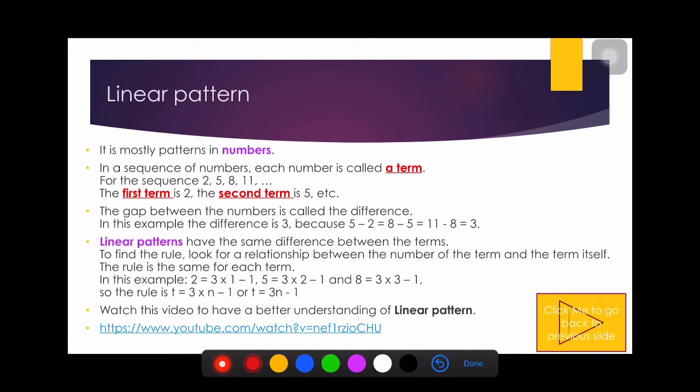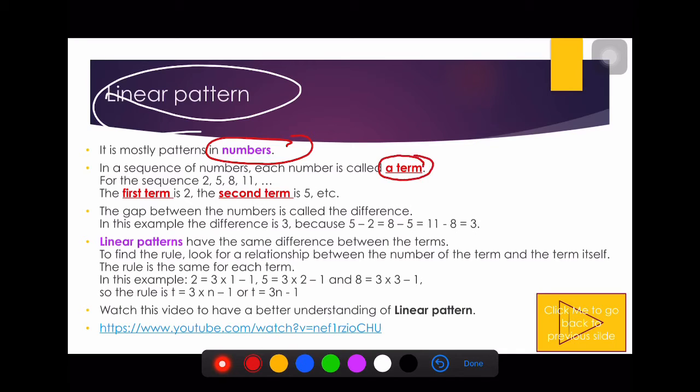The researcher also looked at the placement order of tiles, which was recorded. So we talked about linear pattern just now. Linear pattern is actually about numbers, patterns found in numbers. There are certain rules that you need to follow when you look at linear patterns. The first one is that each number is called a term. This is a term, this is a term, this is a term.